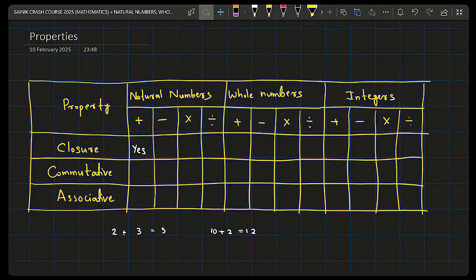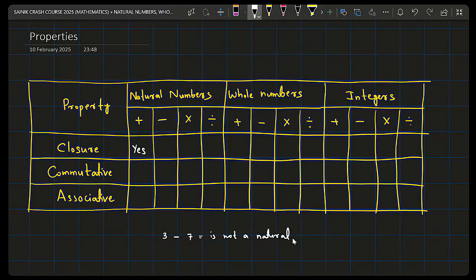Next, we discuss natural numbers under subtraction. You take any two natural numbers and do subtraction. So it is not guaranteed that always you get a natural number. For example, 3, I am taking a natural number, and 7, I am taking a natural number, but 3 minus 7 is not a natural number.